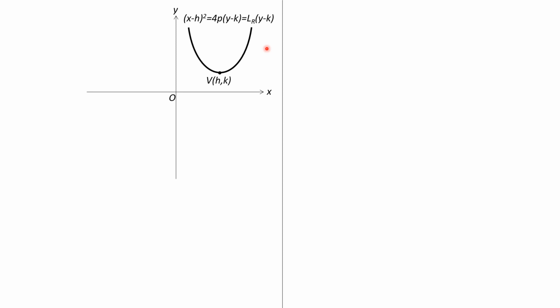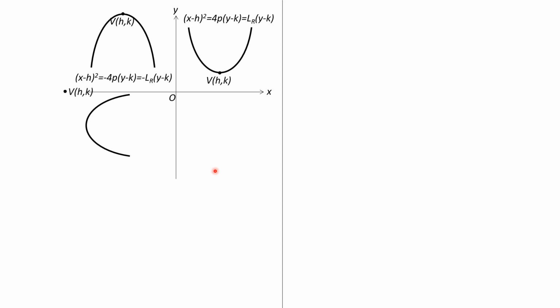If it is open downward, with the vertex at (h, k) as shown in the figure, all you have to do is make the right side negative. So (x minus h) quantity squared equals negative 4p times (y minus k), or negative LR times (y minus k). For a parabola that is open to the right with vertex at (h, k), it is y that is squared this time.